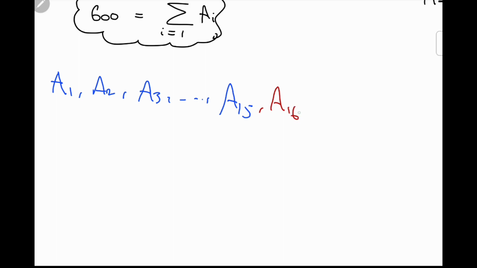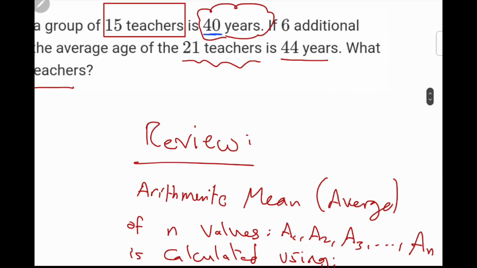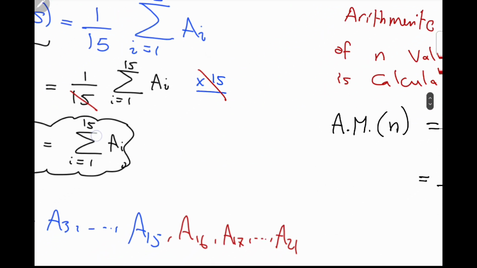6 teachers and with their ages, so you will have A16, A17 up to A21, then it's given that their arithmetic mean is now 44.